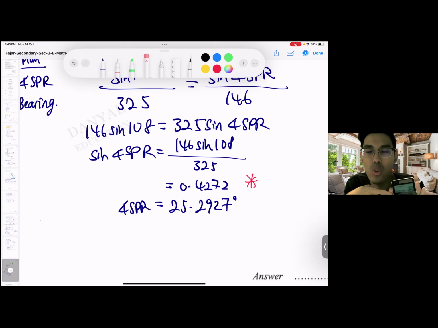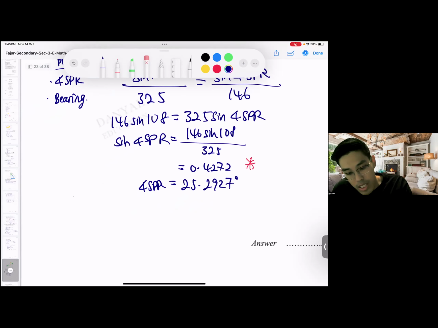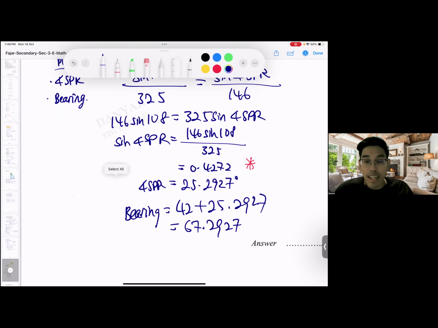Use this value to continue. Don't key in the things that you write on the paper again. Understand? So from here, you found SPR, then you go and find bearing. So it's 42 plus 25.2927. Then from here, this is the final value already.